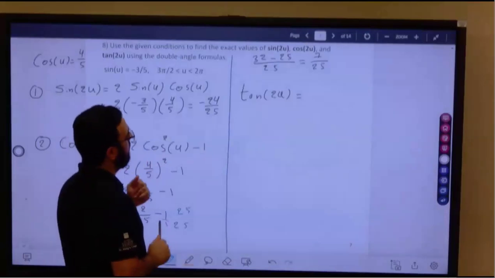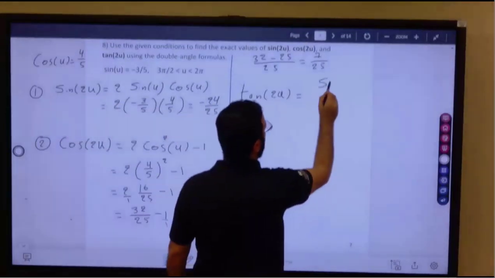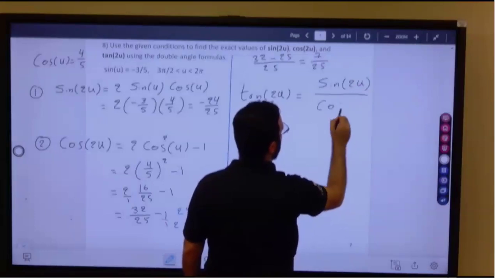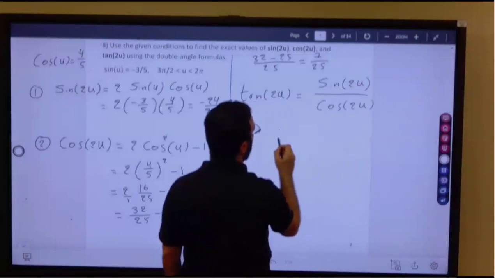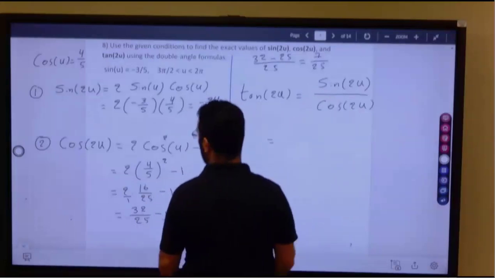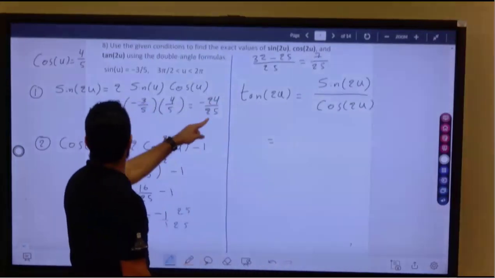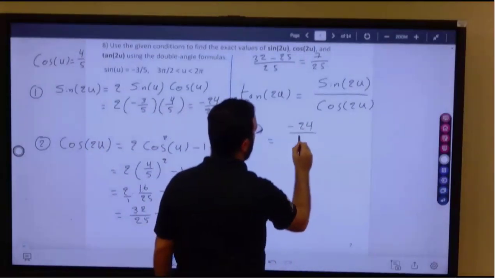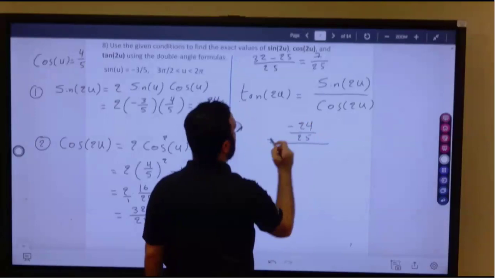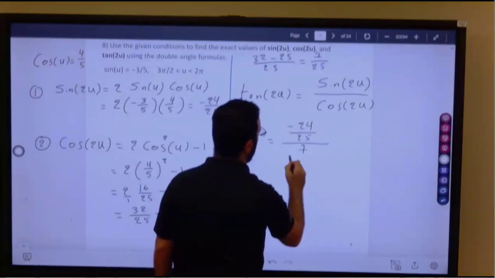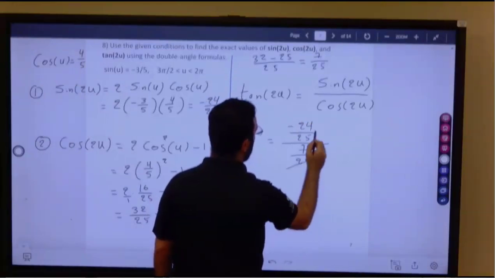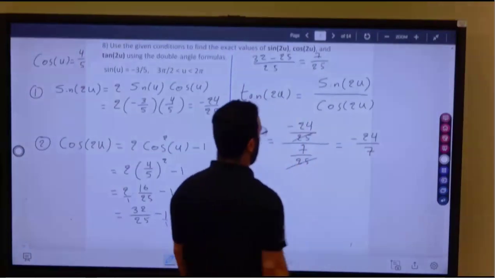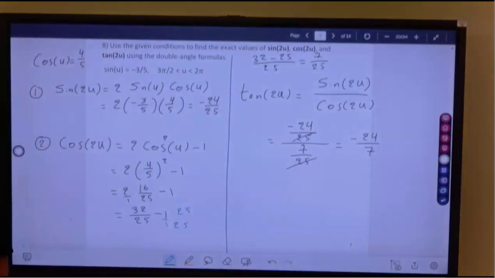The tangent of 2u is sine 2u divided by cosine 2u. Sine 2u, how much do you get? Negative 24 divided by 25. And cosine 2u is 7 divided by 25. Cancel the 25. So the result is going to be negative 24 divided by 7. That's it for the simple example.